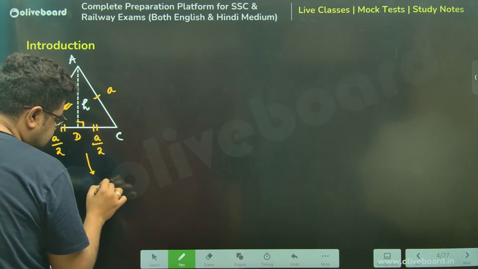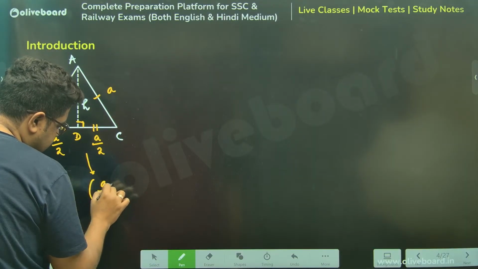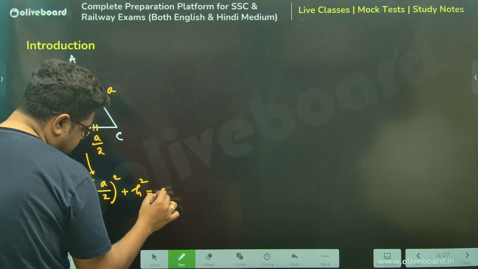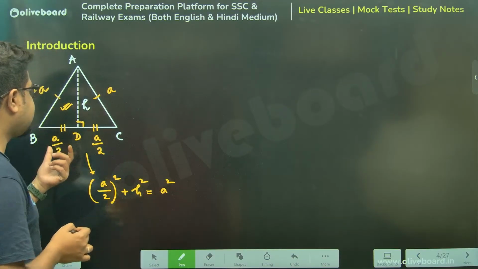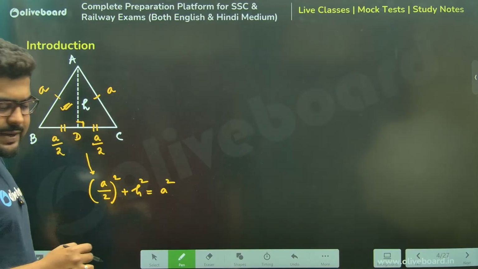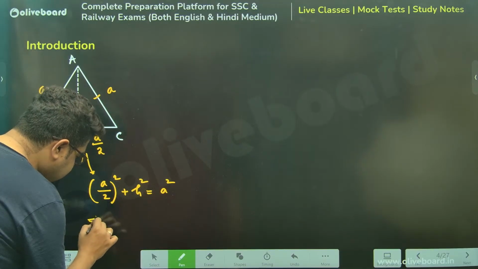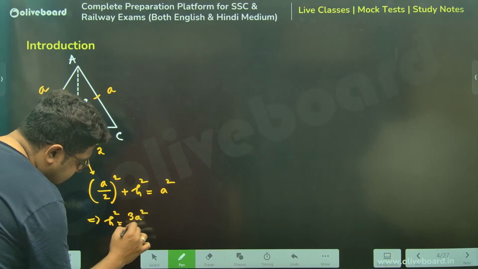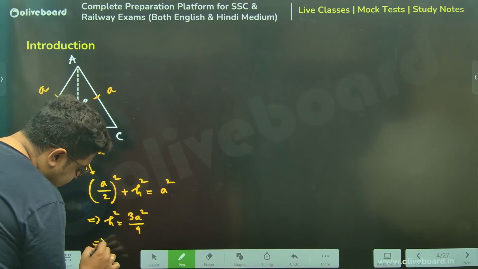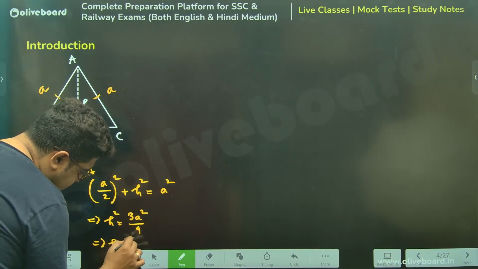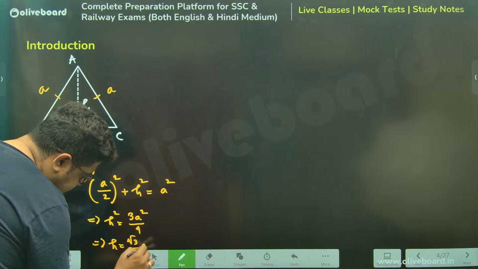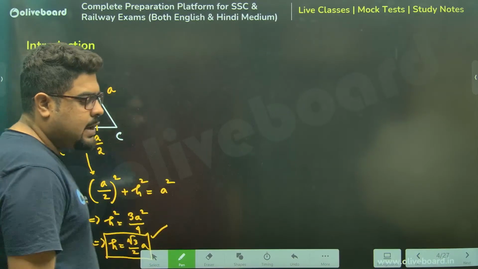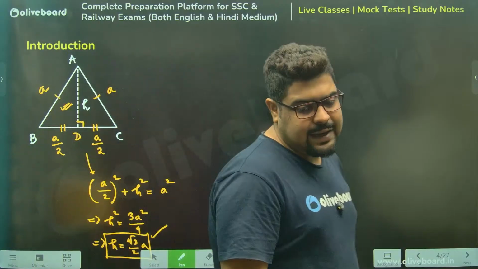A by 2 whole square plus H square must be equal to A square, base square plus height square equal to hypotenuse square. From there you get H square equal to 3A square divided by 4, or H is equal to root 3 by 2 into A. This is the formula to find the height of any equilateral triangle.